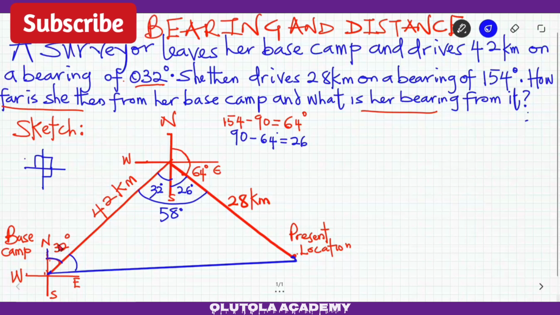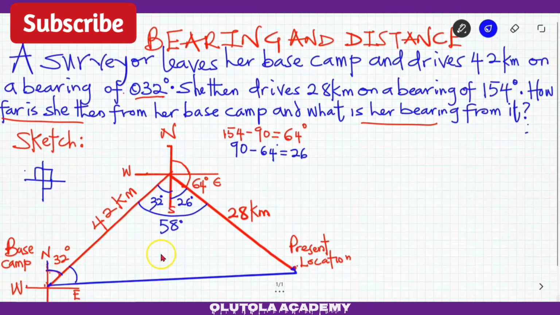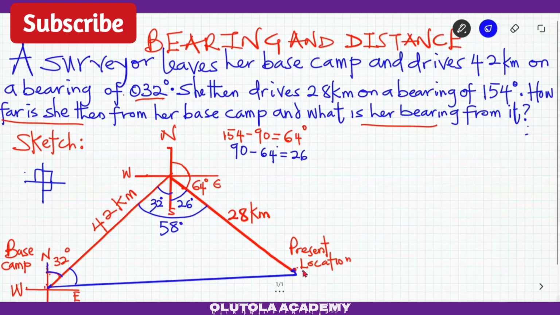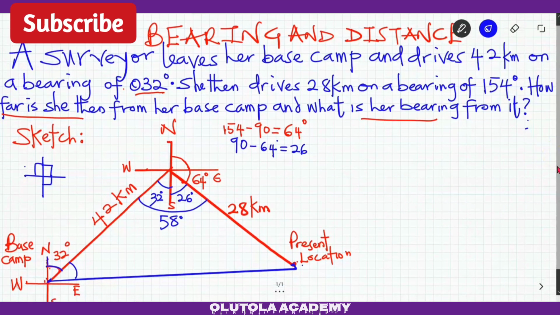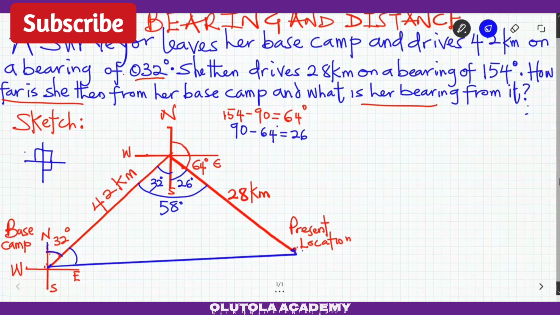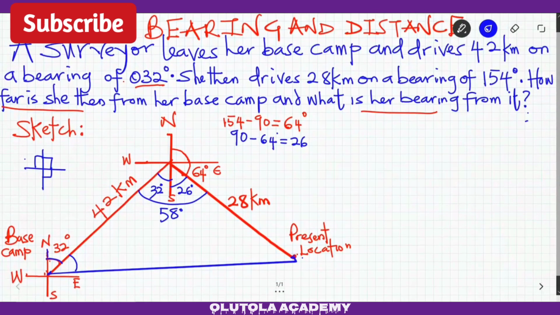So let's calculate, presently, how far she is now from this point to the base camp, and we are going to use cosine rule to do that. Cosine rule will help us in getting the distance, how far she is from the starting point.